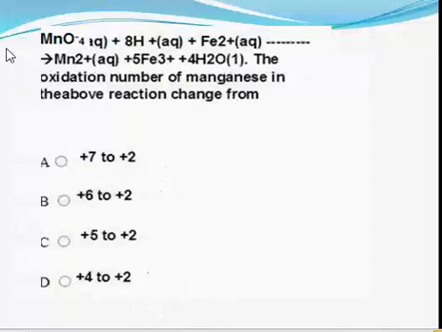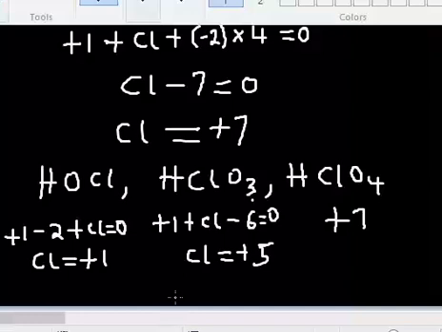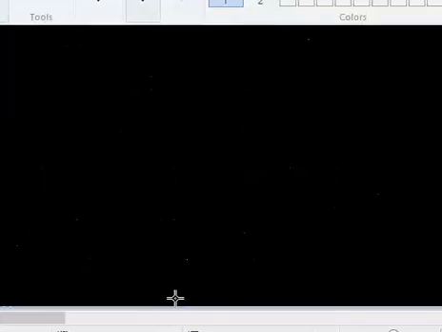Okay, so here is another question. For this reaction, we are being asked the oxidation number of manganese in the above reaction changes from what. So let's see what manganese is at the reactant and what it is at the product. First of all, let's start with the reactant. At the reactant, manganese actually exists as a radical ion. Let's get its oxidation number.